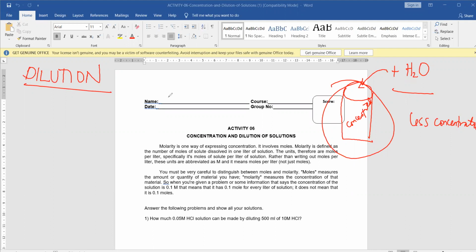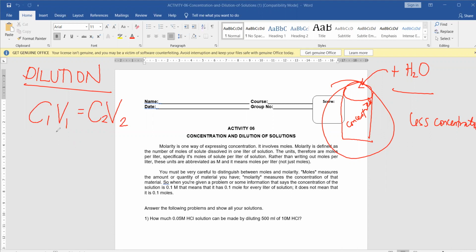So, pwede din natin, class, makompute ang bagong concentration. We will just use the formula C1V1 equals C2V2. Okay? Again, for dilution, this is our formula. C1V1 equals C2V2.